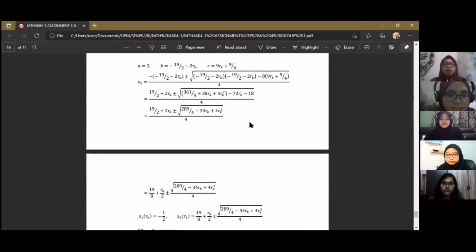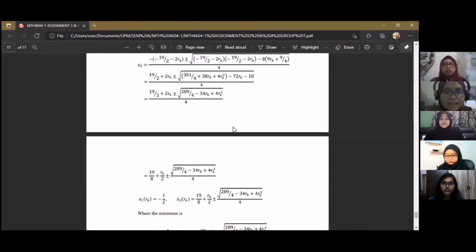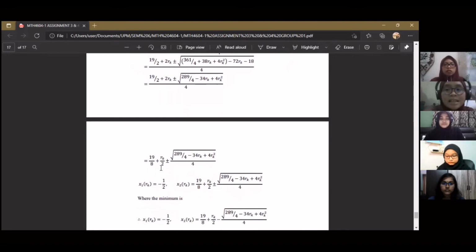The result that we get is 19 over 8 plus RK over 2, after we simplify the 2A: 19 over 8 plus RK over 2 plus minus square root of 289 over 4 minus 34 RK plus 4 RK squared over 4.